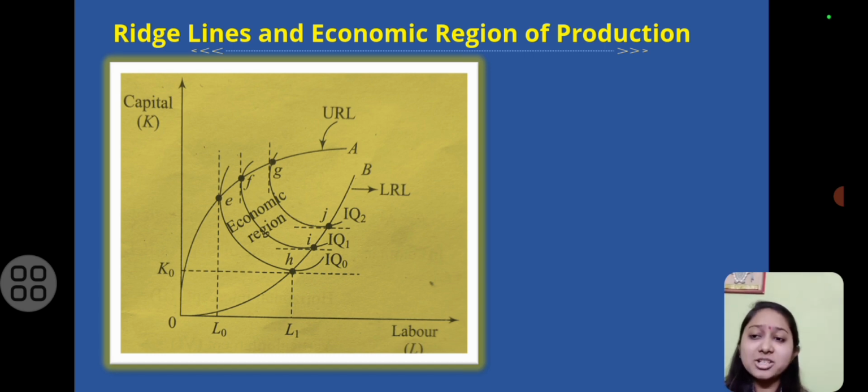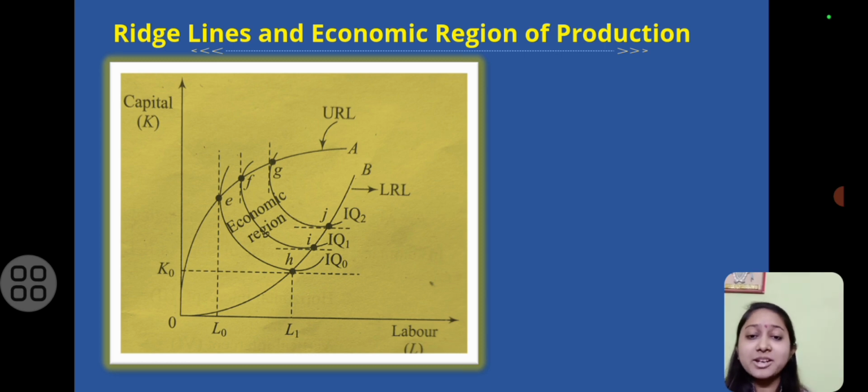At point H, the line is parallel to labor. It implies that capital is fixed and labor is constantly increased. As one factor remains fixed and the other is increased, we reach a total product where the marginal product of the variable factor equals 0. Here at point H, MPL is 0.